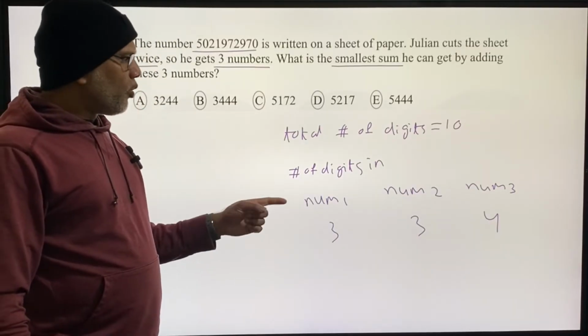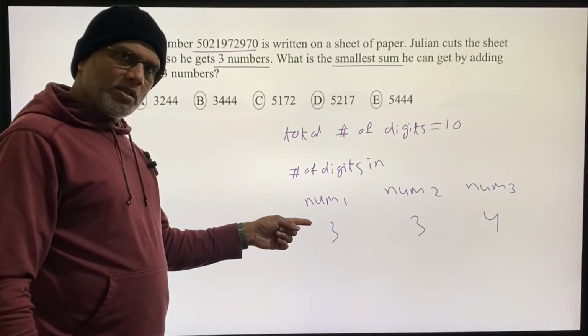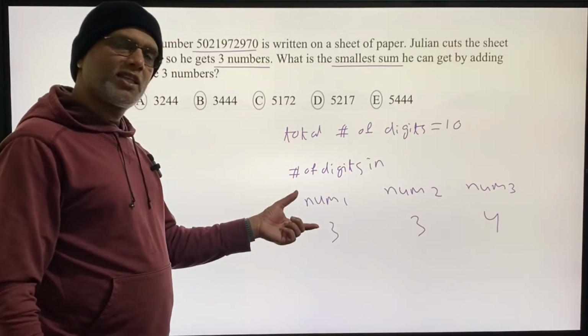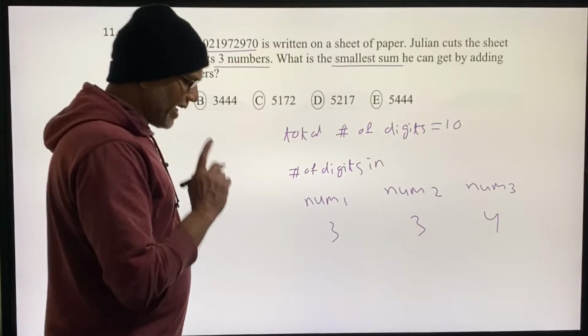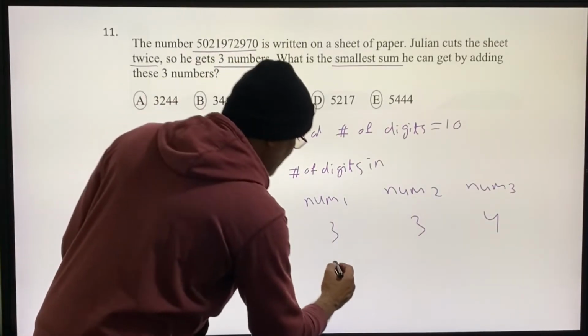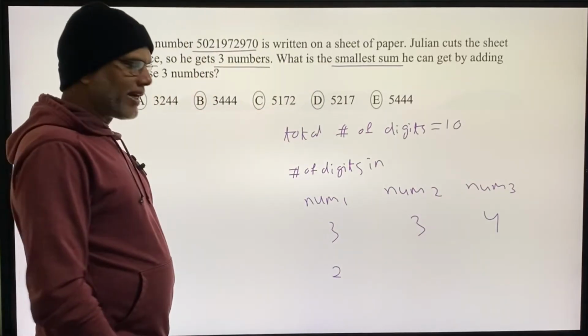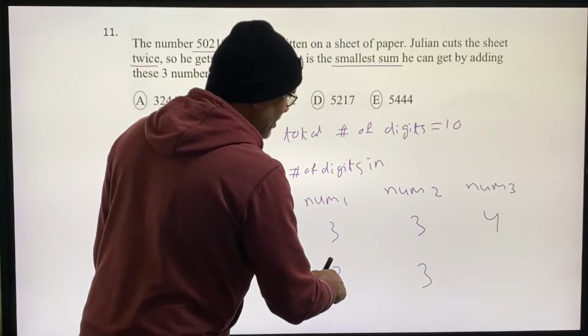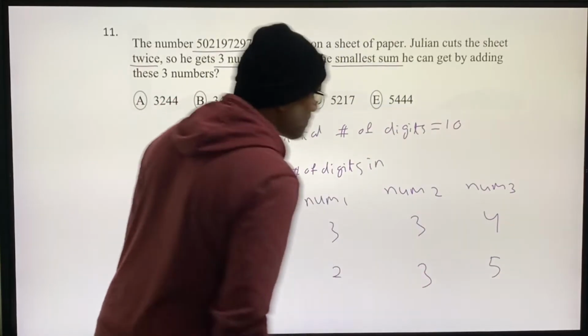All right, so why will this give the smallest numbers? Because let's say, just for the sake of explaining, this has only 2 digits, right? And this has 3. Then to make up a total of 10, this will have 5 digits, right?